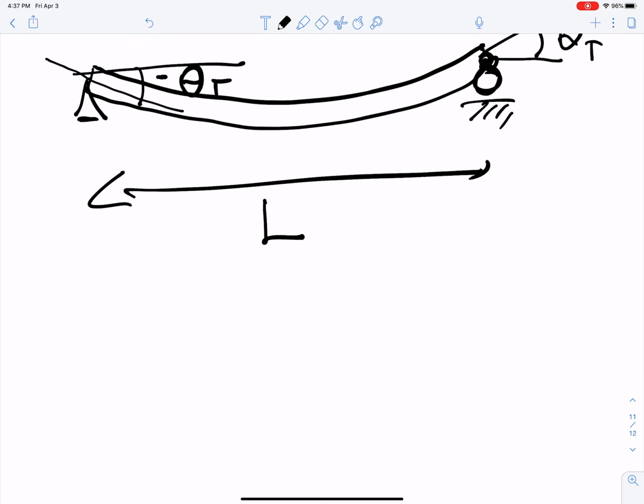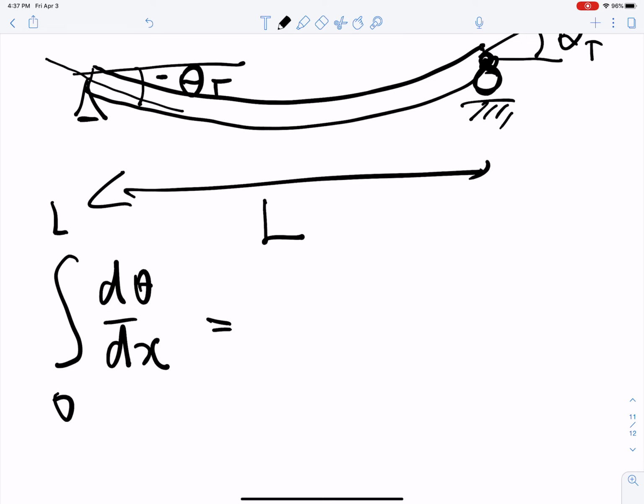So then what do I have? If I take d theta dx, the rate of change of the angle, and integrate it from 0 to L, I get theta at L minus theta at 0.